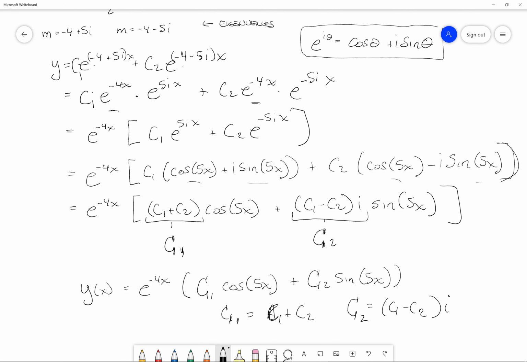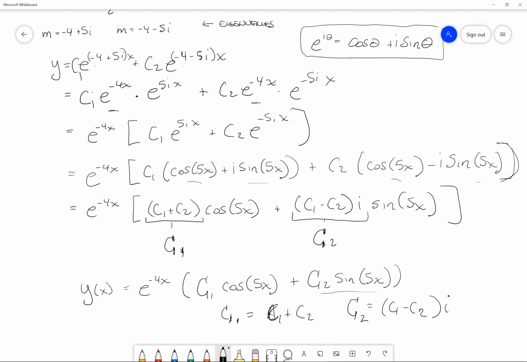So this guy is complex, basically, is what we're saying. So that's our general solution. And again, there is a formula, but this is just a little easier. You don't have to remember formulas. So that's if you have complex roots.